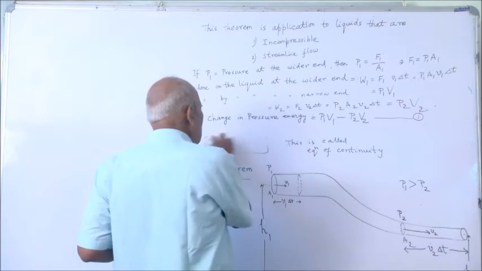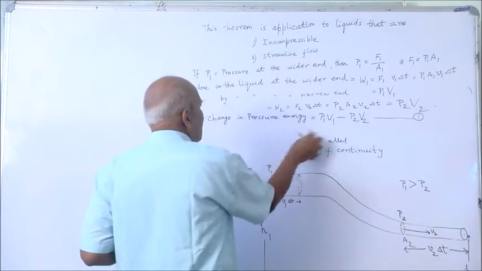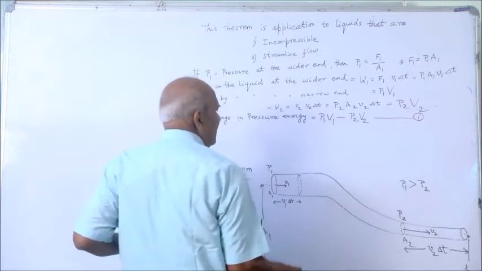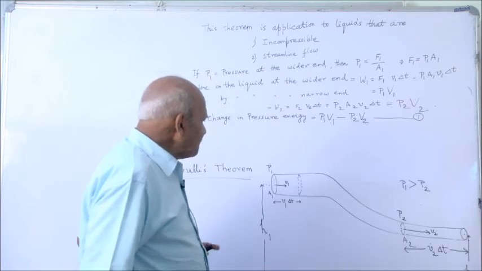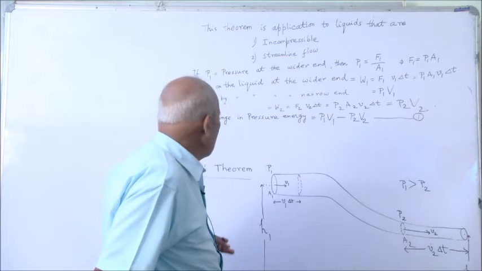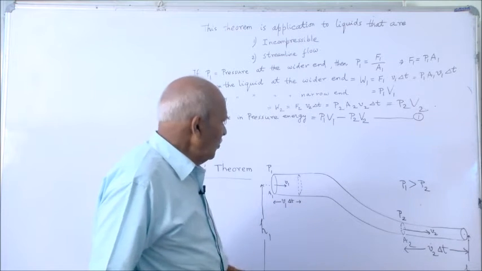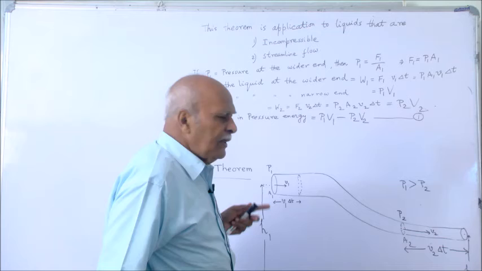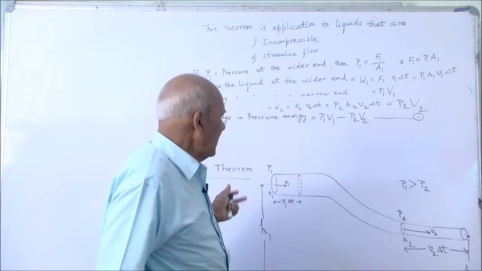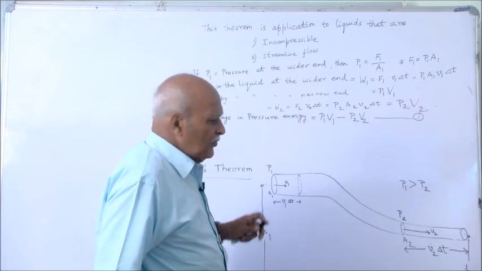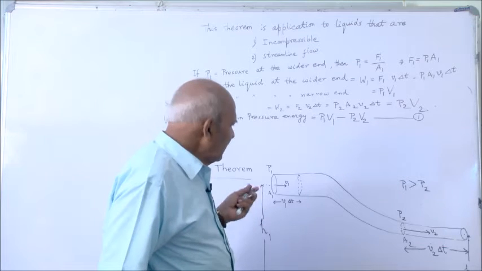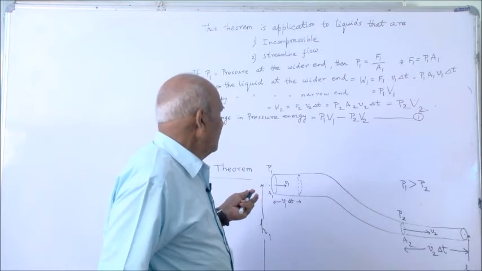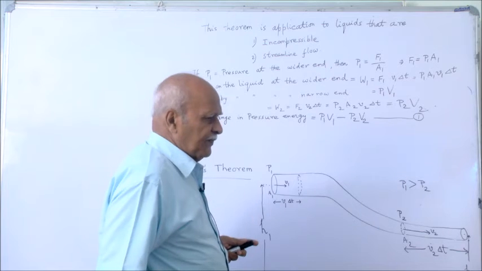You have done some work at the wider end, and the liquid is able to do some work at the narrow end. So, the difference of these two energies is stored in the liquid in the form of potential and kinetic energy. So, change of potential and kinetic energy will give rise to the change in pressure energy.